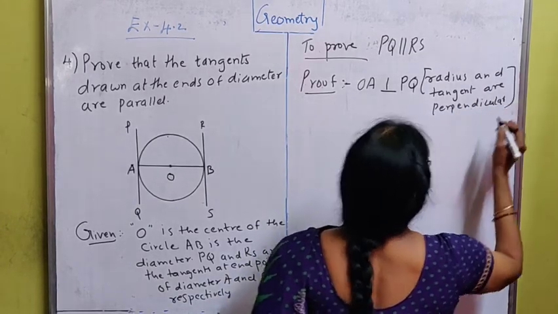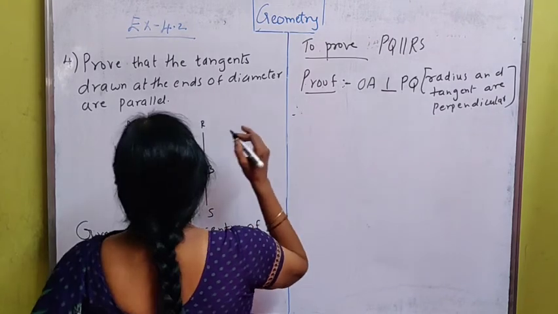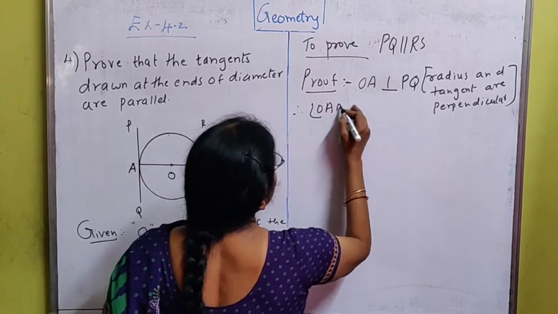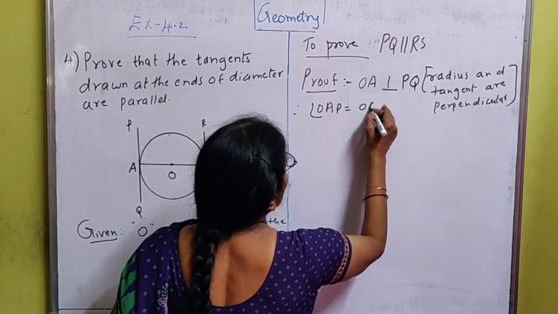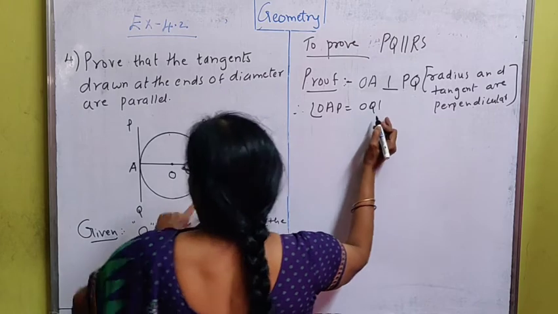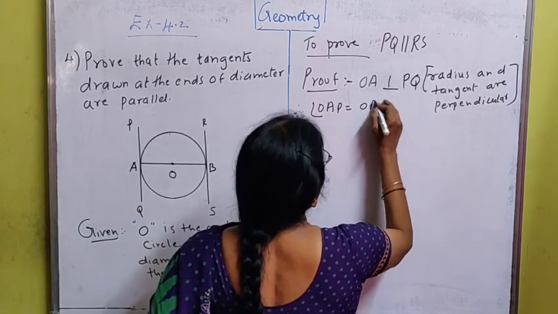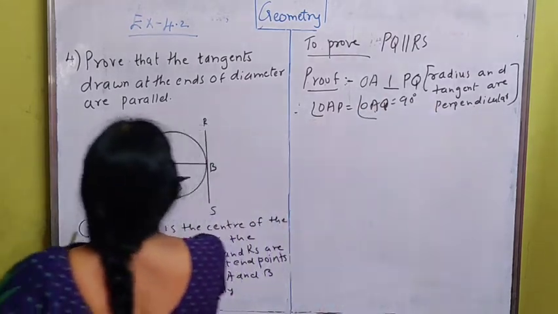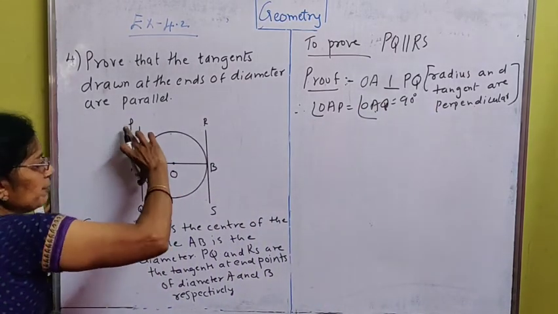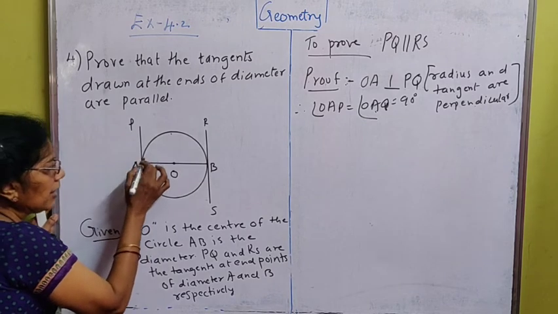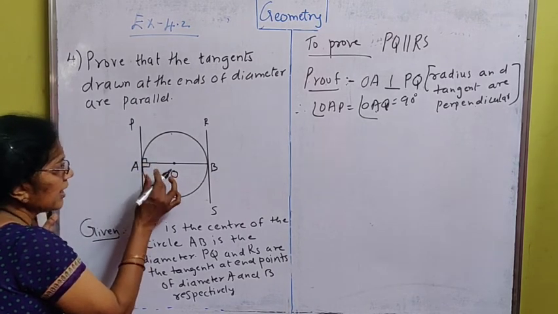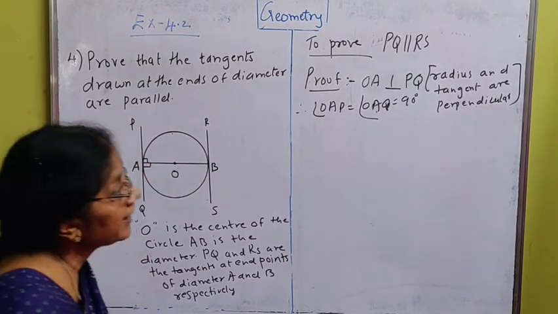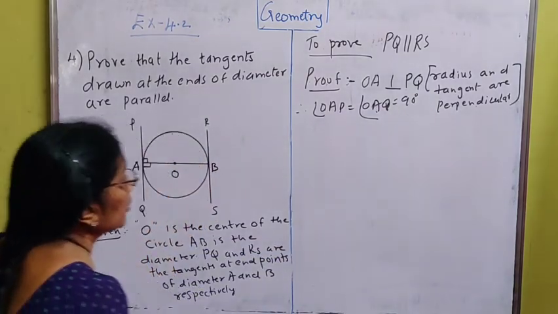Therefore, angle OAP is equal to angle OAQ is equal to 90 degrees. OA is the radius, PQ is the tangent. They are perpendicular, so both angles OAP and OAQ are 90 degree.